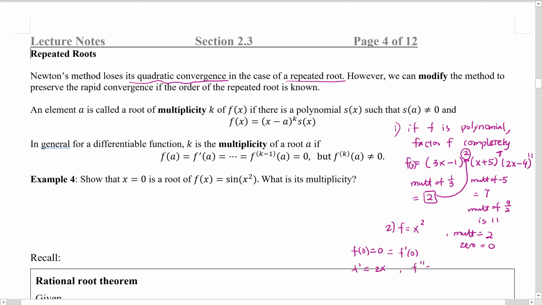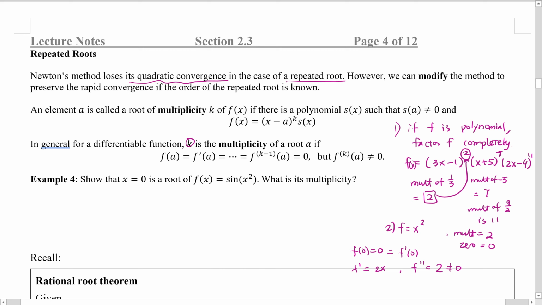But what's f prime prime? F prime prime is 2. Oh, see, the second derivative is not 0. So the multiplicity is 2. So the multiplicity is k when the kth derivative is not 0, but the previous k minus 1 derivative and the lower derivatives are all 0. So far, so good, everybody?